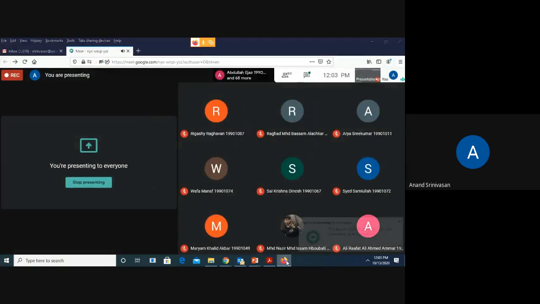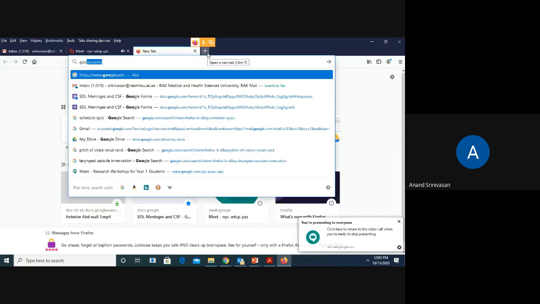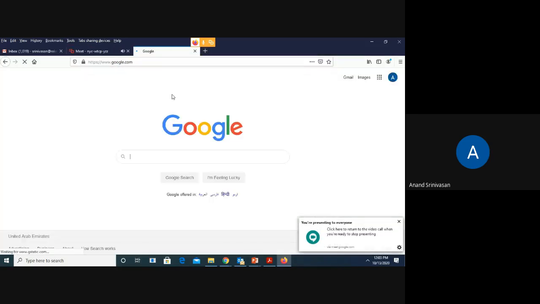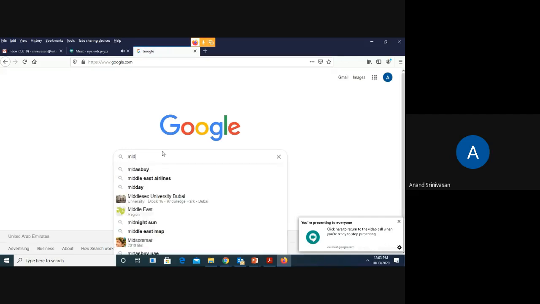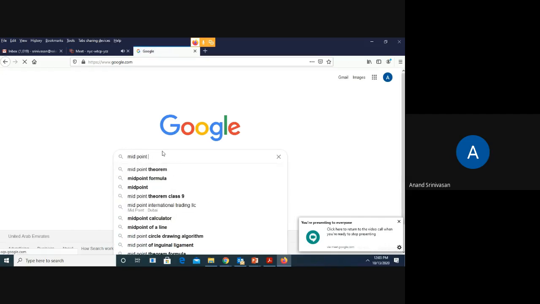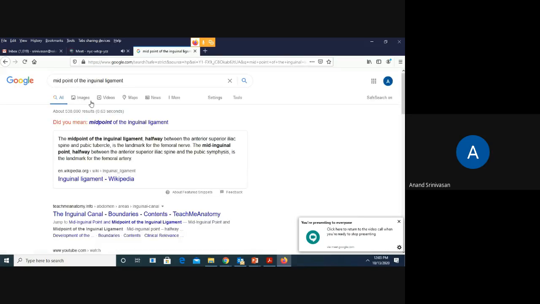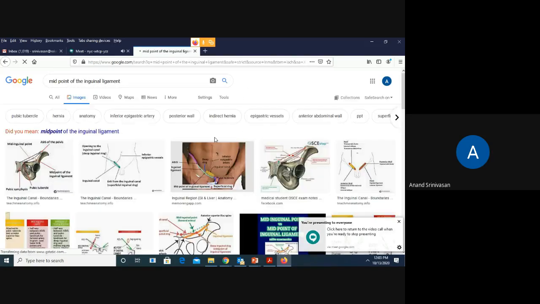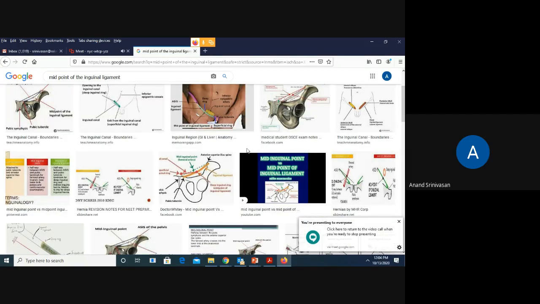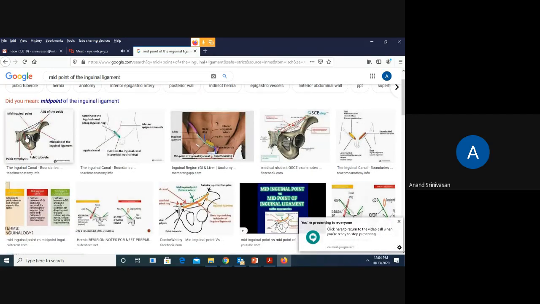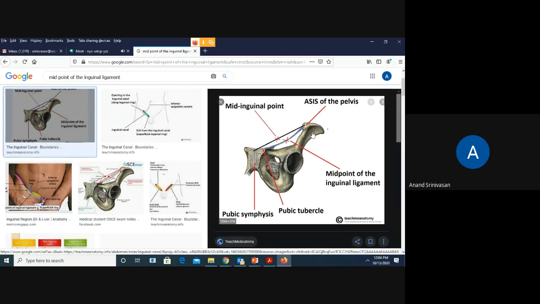I will just show you the picture. Yesterday I showed it in the practical class to some of them. Yeah, here it is. Here you can see this is the mid-inguinal point, from the pubic symphysis to the anterior superior iliac spine.